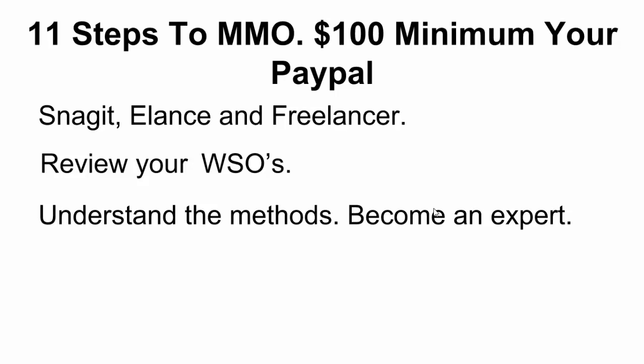Depending on the size of the WSOs and the methods discussed, try and combine all 3 of them into, let's say, 5 to 10 different chapters. You can call them steps or chapters. So your ebook will consist of 5 to 10 chapters, according to the methods in the WSOs you bought.